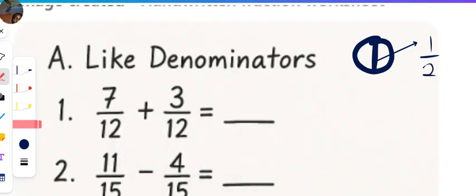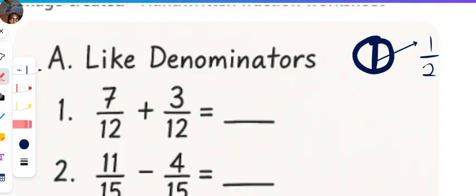Right. So I want us to solve the first question. There's a rule that we follow for addition of fractions, and for addition and subtraction generally. And this is the rule.